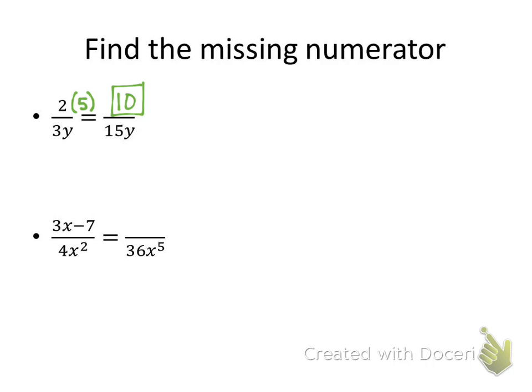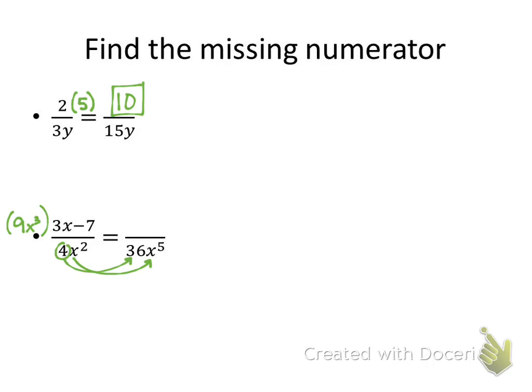So let's do the same thing here. What did I multiply 4 by to make it 36? 9. And then x squared became x to the 5th. How many x's did I add to that? Because we always want to do addition with x's because of the exponents. So I added 3, so it's going to be x to the 3rd power.